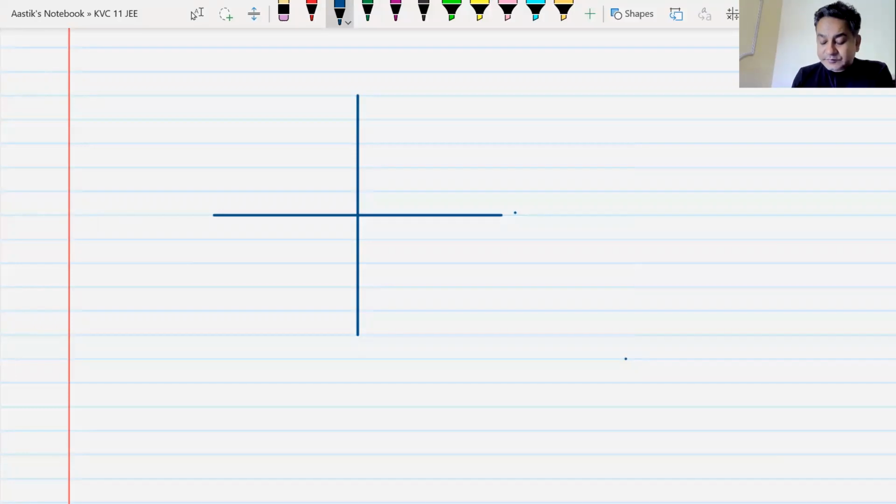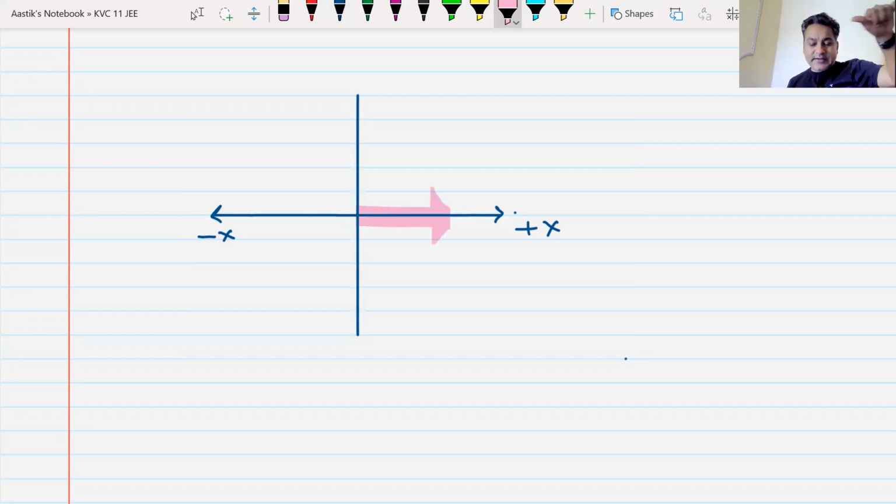This is, as you can see, your plus x-axis. This is your minus x-axis. If the motion is taking place along the x-axis, the best way to give a sign is that if a vector is going like this, I will call it a positive vector.